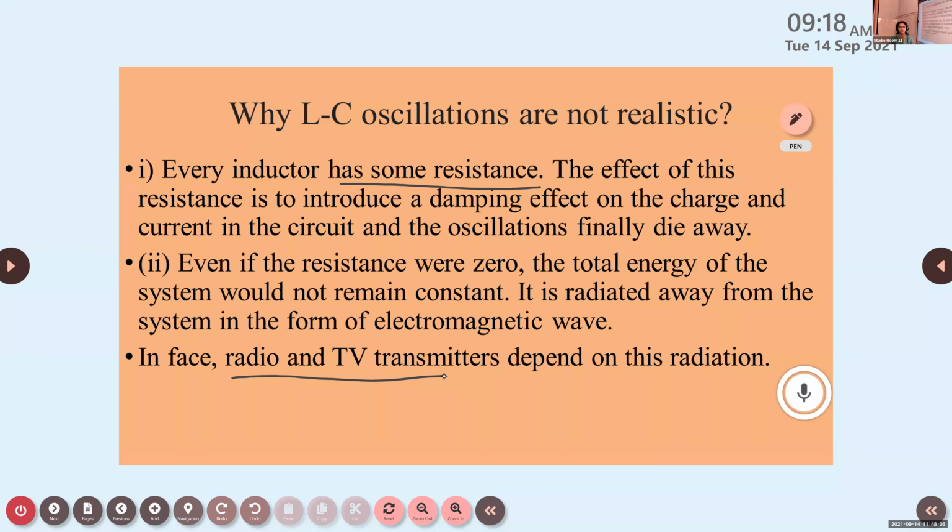The second one: even if we consider the resistance offered by the inductor to be zero, some of the energy of the oscillation is dissipated away in the form of electromagnetic waves. That is, the total energy of the system does not remain constant, just like UL is equal to 0 and UC is equal to half CV square. We cannot say it is a constant value. It may be changed.